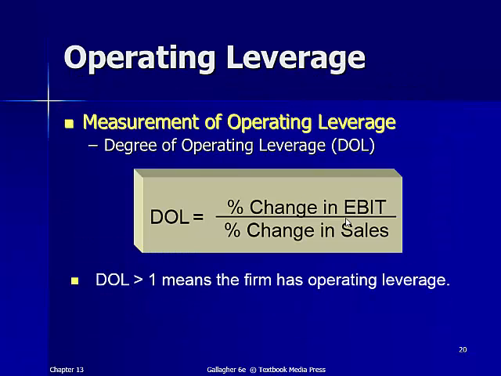So we have something called the degree of operating leverage that we can compute. It's the percent change in EBIT over the percent change in sales. Remember that operating income is another name for EBIT, and so if that number is greater than 1, it means that your operating income is changing by a larger percentage than your sales, and this is causing a magnifying or a leveraging effect.